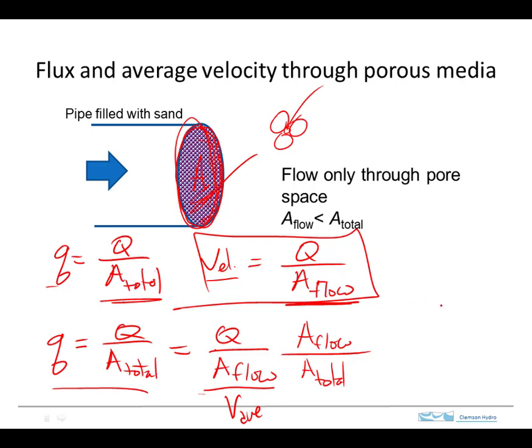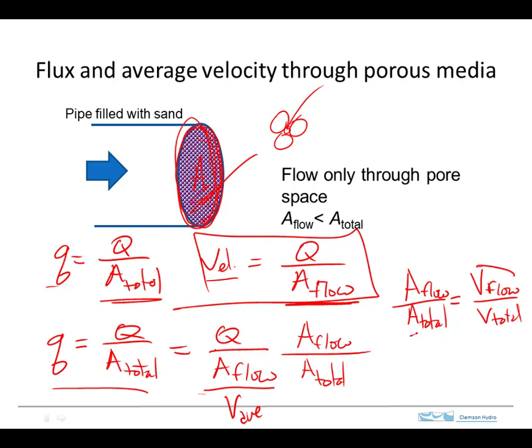And so now this area ratio, I'm going to assume that the area that allows flow over the area total is equal to the volume that allows flow over the volume total. Okay, or we could say that's the volume of pores where the flow is important.